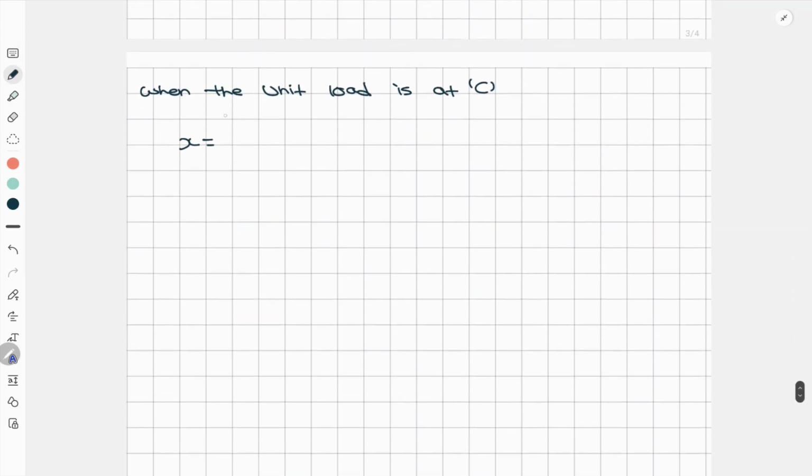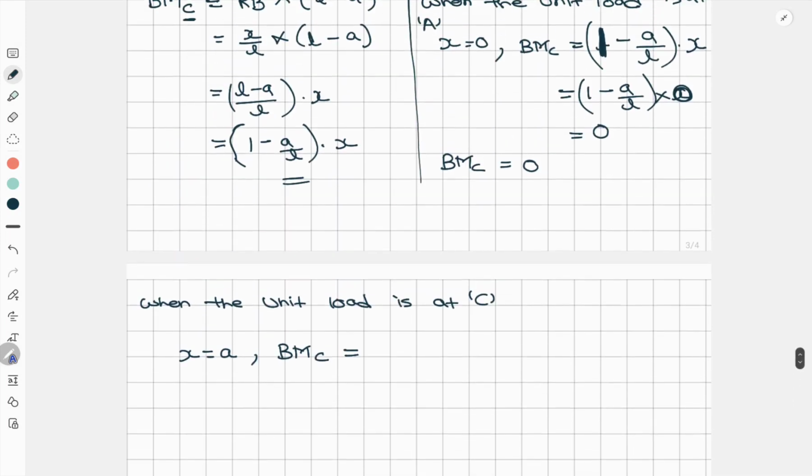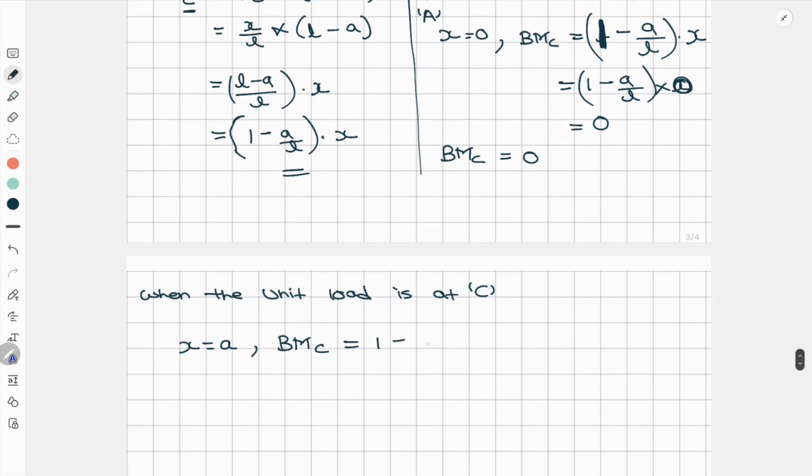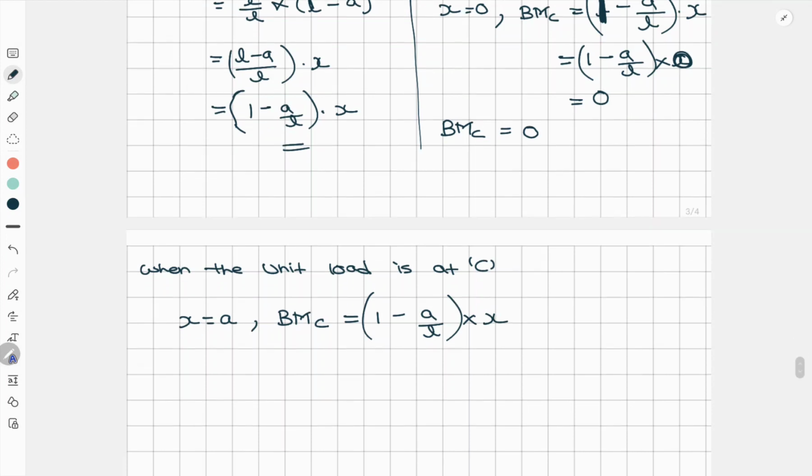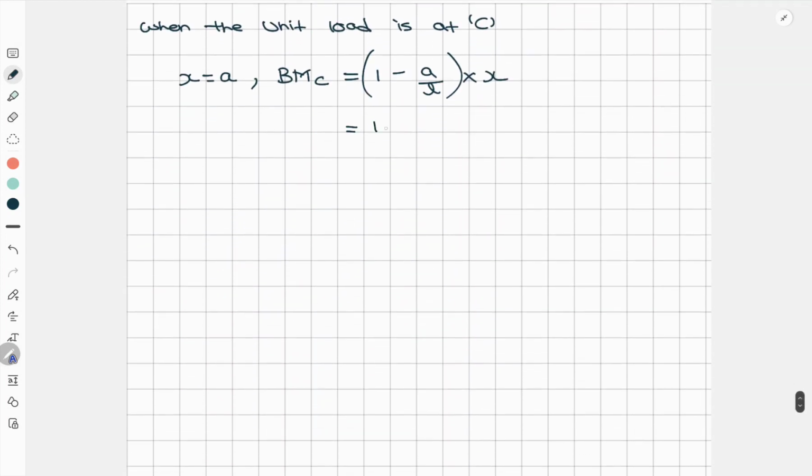So the value of X will be A. Now we have the equation for bending moment at C for case 1 equal to (1 minus A by L) into X, right? In place of X we have to put A. So this is the equation for case 1.